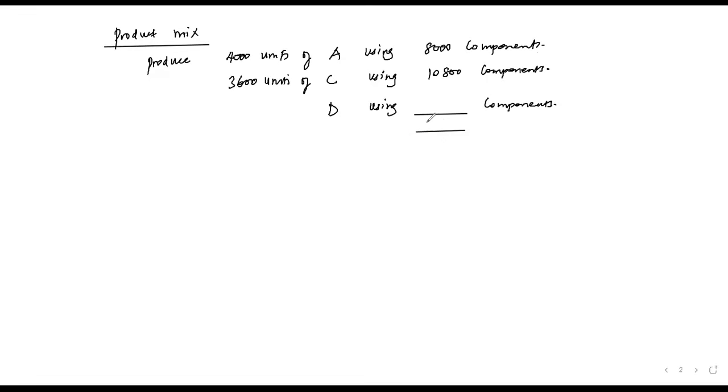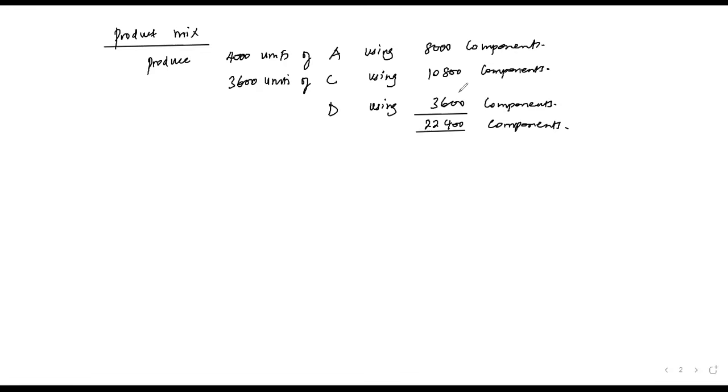These are the components available, but so far we have allocated 8,000 to product A. Then product C has taken 10,800 of the components. So the unused components we have are 3,600 components.